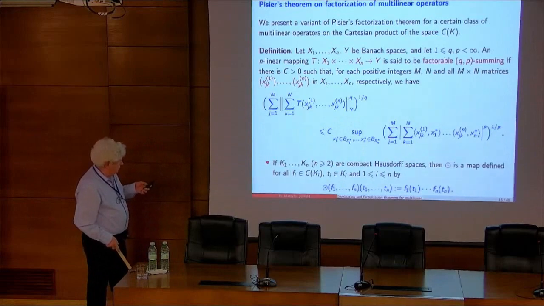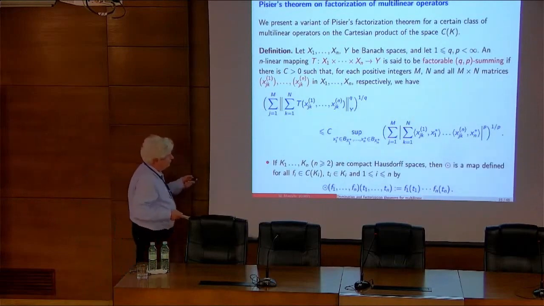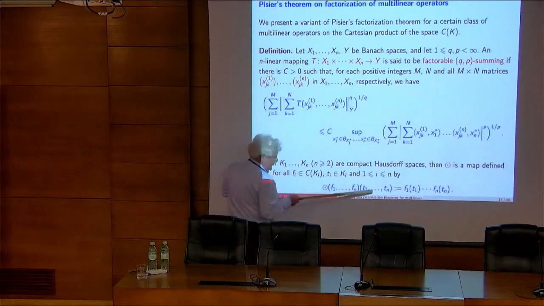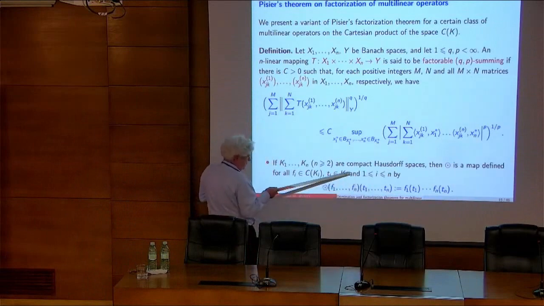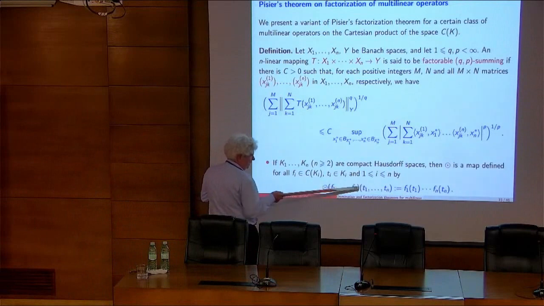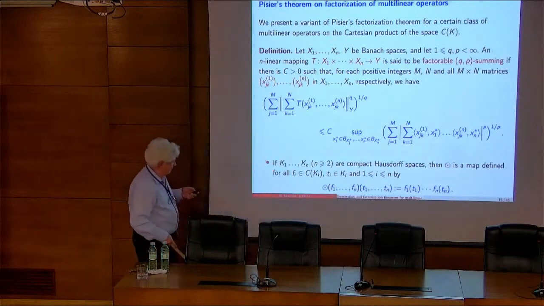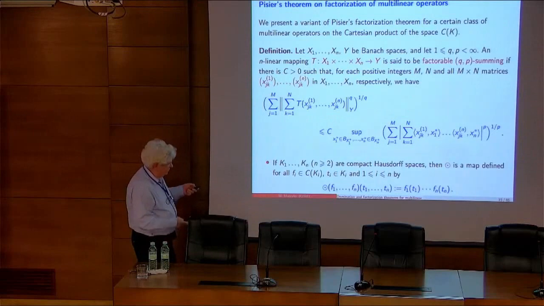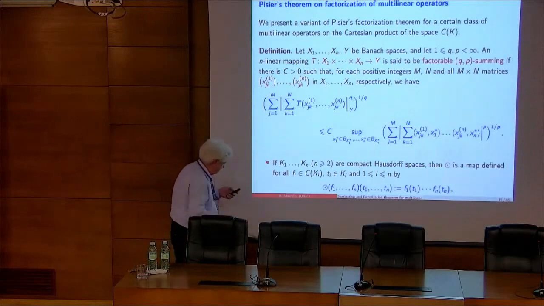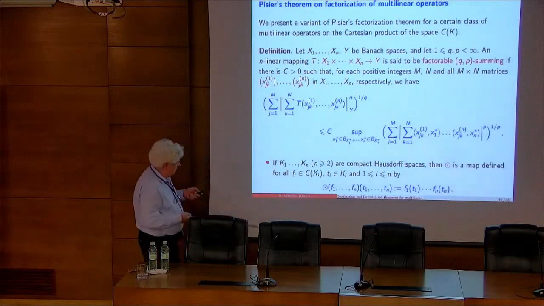For the results which we show for a moment, the following operator will appear in the factorization. This is the pointwise multiplication, denoted by a dot, which is of course well defined on measurable spaces. But we are interested in the case of C(K) spaces.